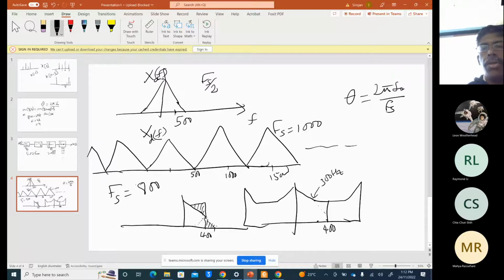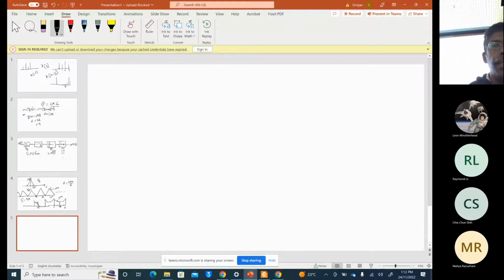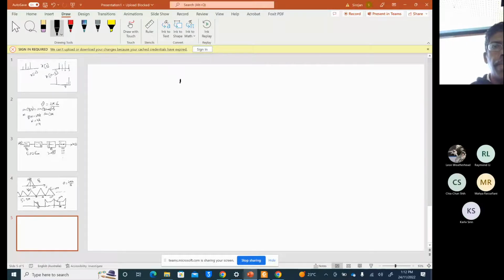And how do you find the alias frequency? Every frequency you can find with this equation: Fk equal to F0, whatever the frequency, minus k times Fs.